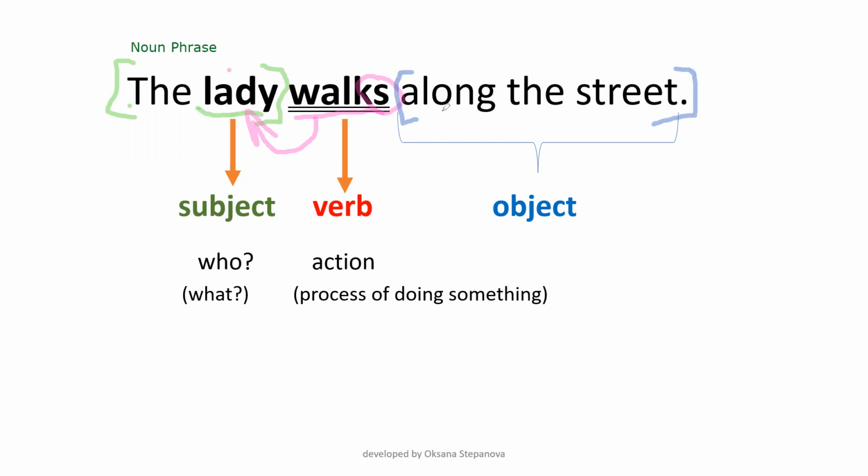It starts with the preposition along, and we have the article and we have the noun. Street is the main noun of the object. This is a noun phrase as well, a prepositional phrase, with the main noun street, because street receives the action of the verb.